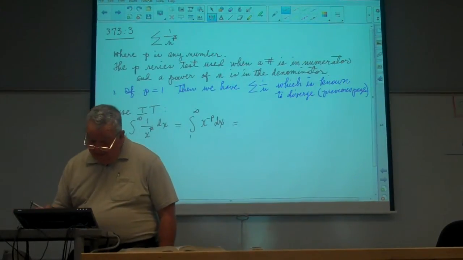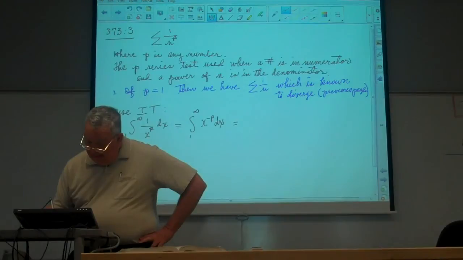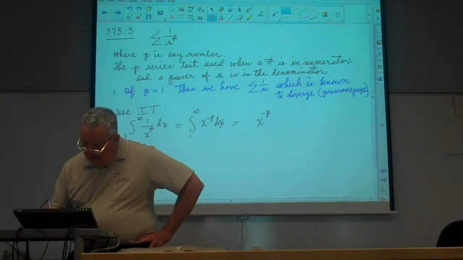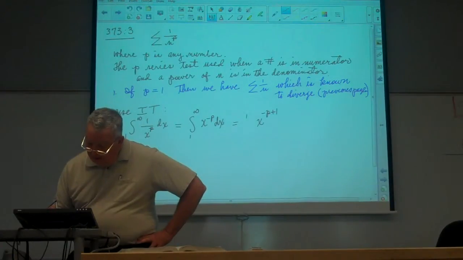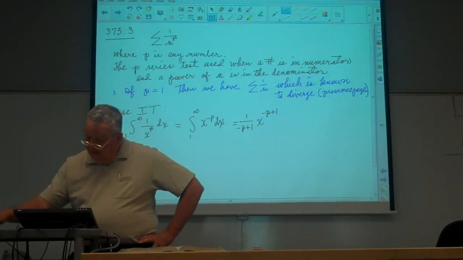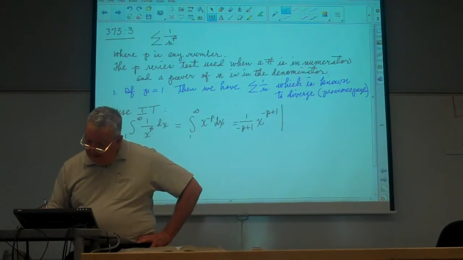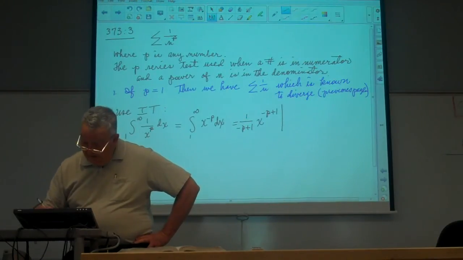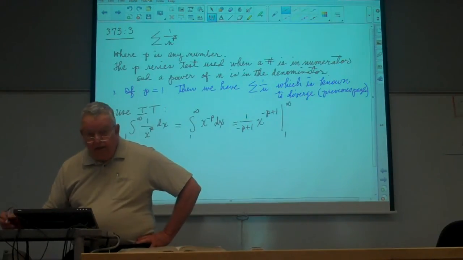Which I think is equal to x to the negative p plus 1, times 1 over negative p plus 1, evaluated at 1 and infinity.